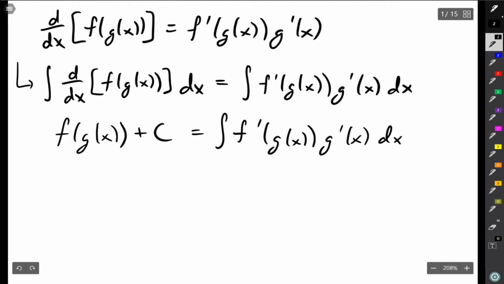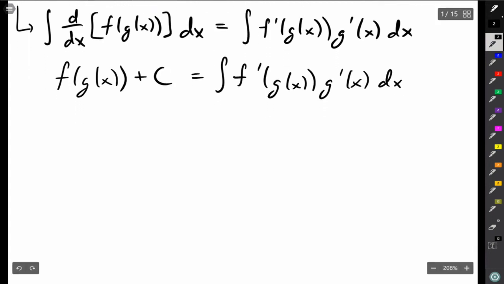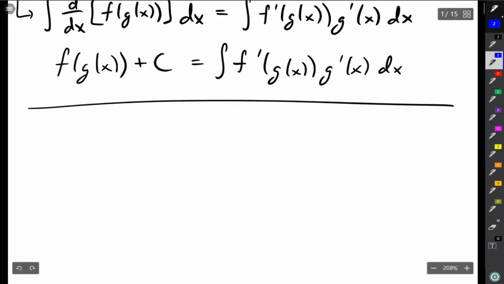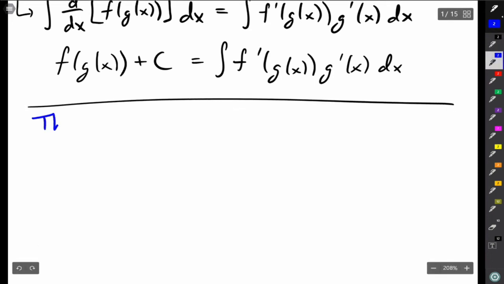And this right here is actually undoing the chain rule. This is what we often call the substitution rule. Okay? So a better way we write this usually is, or let's just write this as a rule here. So the substitution rule.